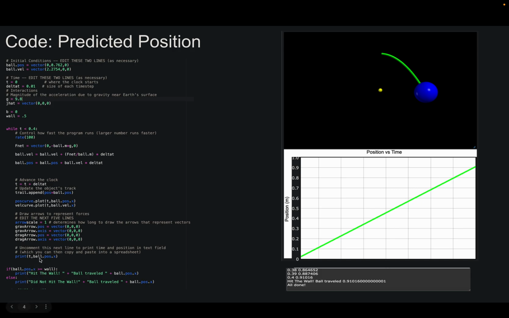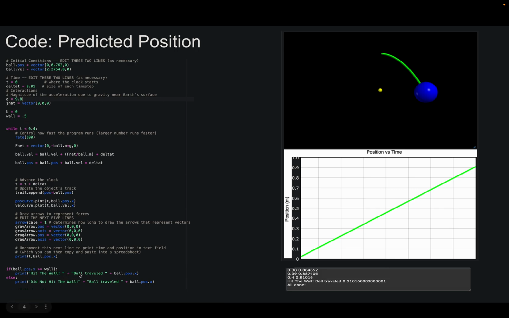From there I will take the numbers that are printed here and plot them into the Excel graph, which we will see in the next slide, and we check to see if the ball position was greater than 0.5 meters.